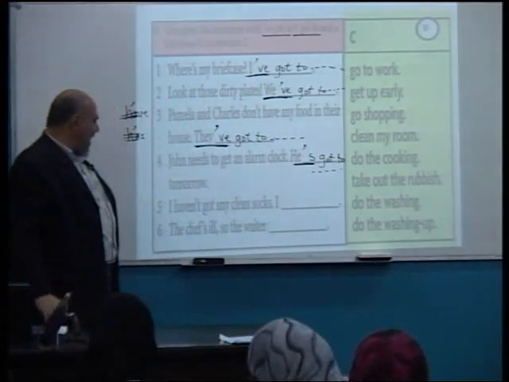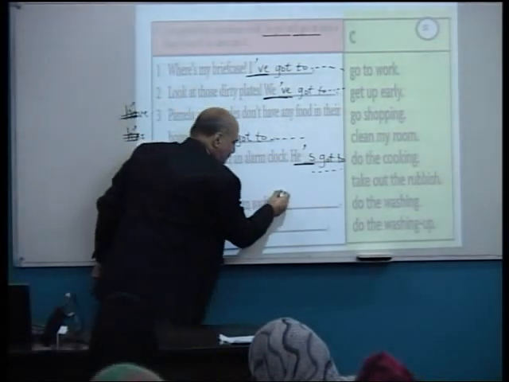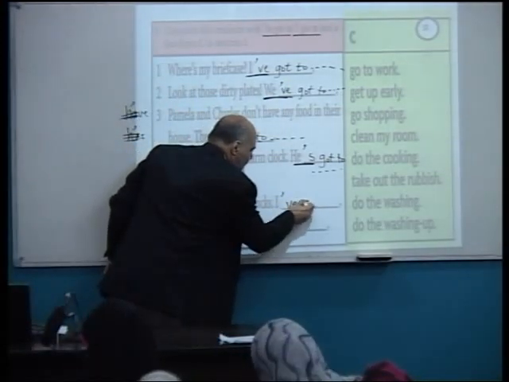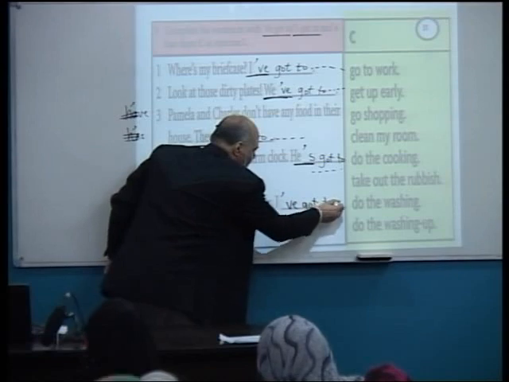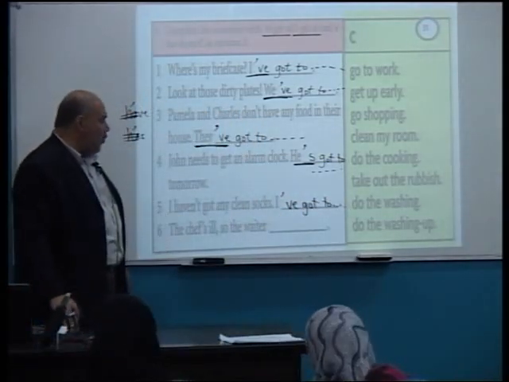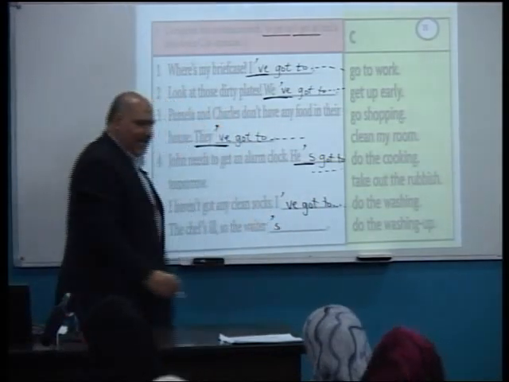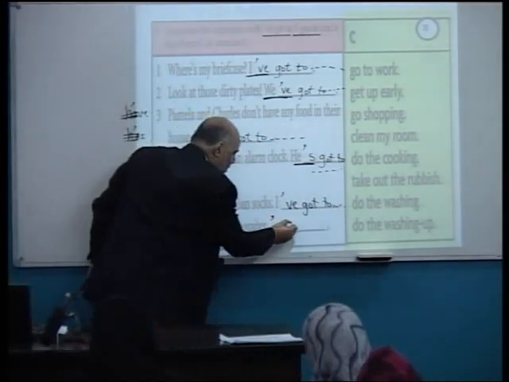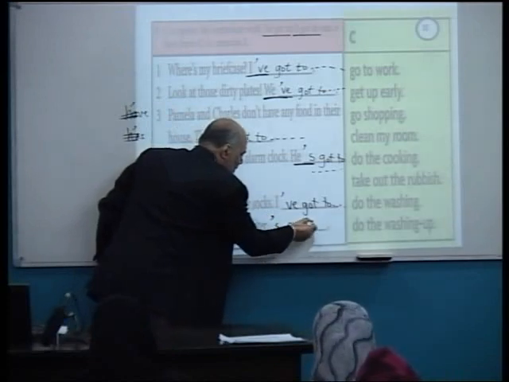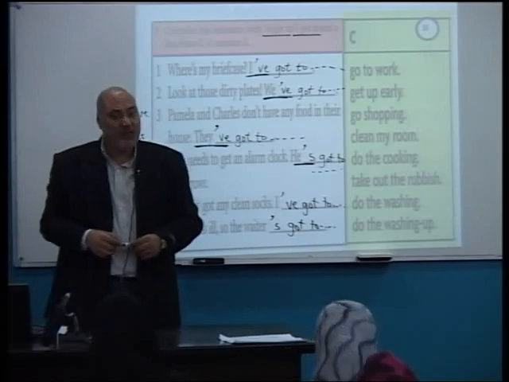Number 5: I haven't got any clean socks. I've got to so and so. Number 6: the chef's ill, so the waiter has got to so and so. So what's the difference between have to and have got to?